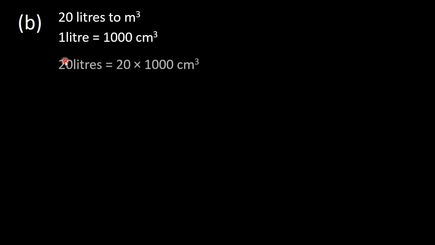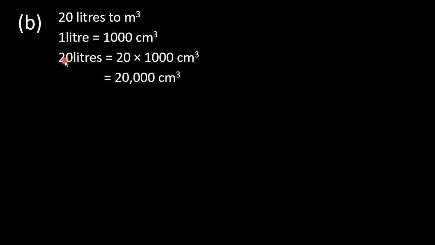So first of all, we shall say 1 liter is equal to 1000 cubic centimeters. What about the 20 liters? So 20 is going to be 20 times 1000, which will give you 20,000 cubic centimeters. So now we have converted the 20 liters to cubic centimeters, which is 20,000 cubic centimeters.